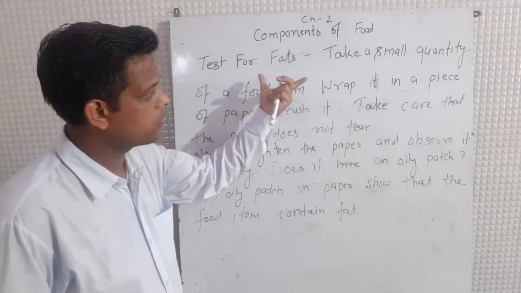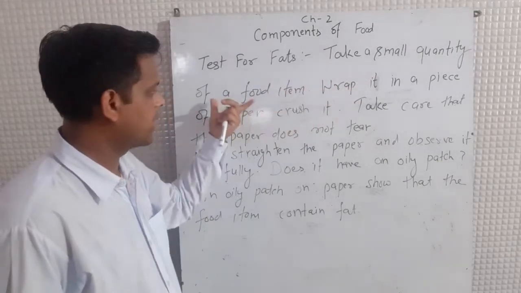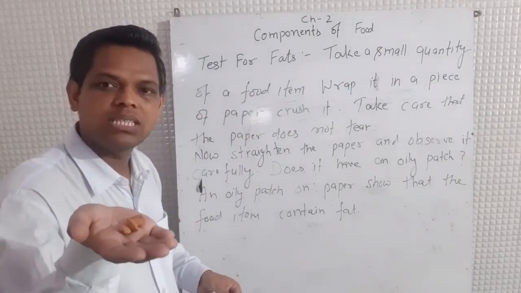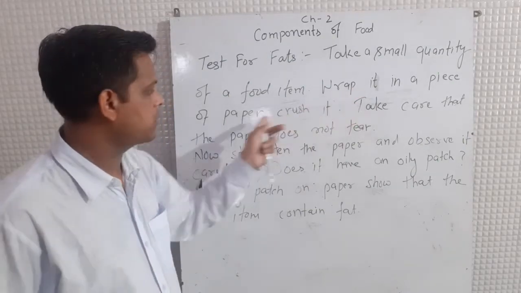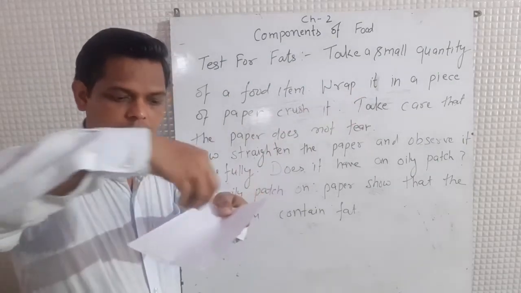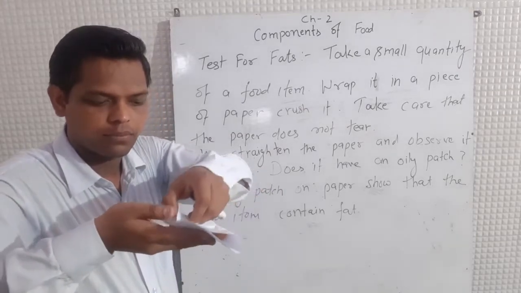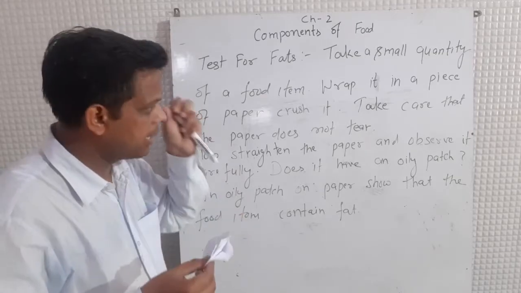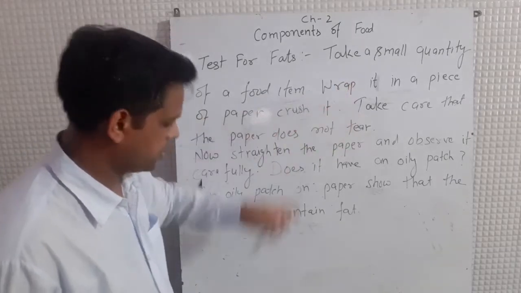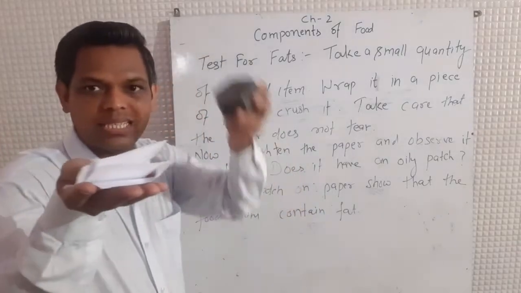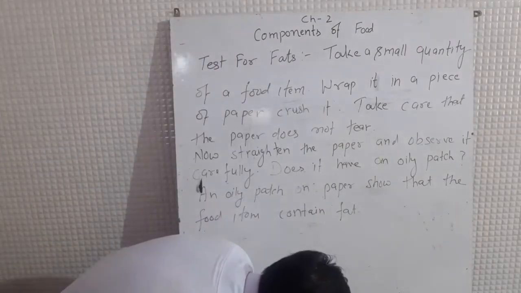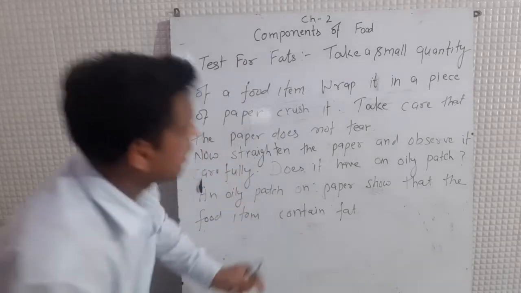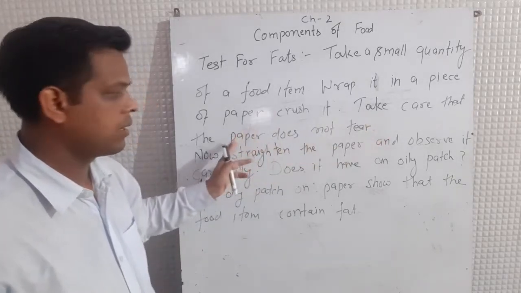Now, the test for fat. Take a small quantity of the food item that is to be tested, say some seeds of almond or mustard seed. Wrap it in a piece of paper. Fold the paper and crush it like this. Take care that the paper does not tear.